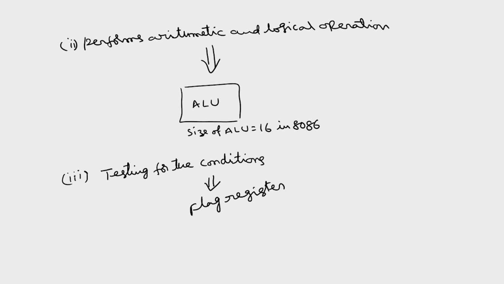In the 8086 the flag register length is 16 bits. Even though the length of this flag register is 16 bits, there are only 9 different flags. I will discuss these flags, and the condition for each flag to be set or reset, in the next class.